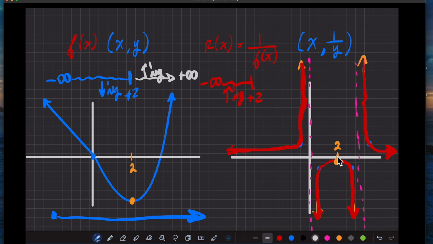And here, when we look at our reciprocal graph, we're going to jump on at x equals 2. As we move left to right, what are the y values? They're decreasing. We get back on the graph. We ignore that arrow. We're moving left to right. What are the y values doing? They are decreasing. So the exact opposite from the original function.